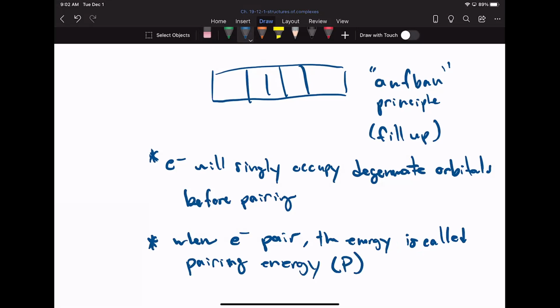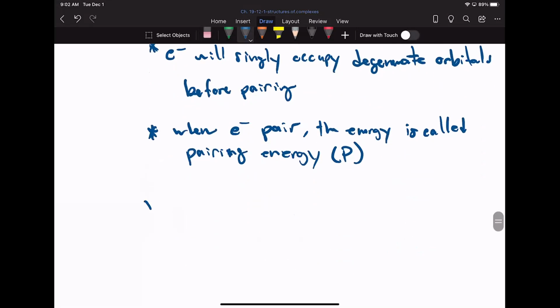When electrons pair in an orbital, that is called pairing energy. And the magnitude of that splitting and the pairing energy determine which orbitals will be occupied.